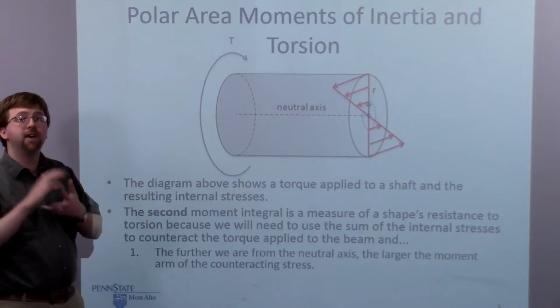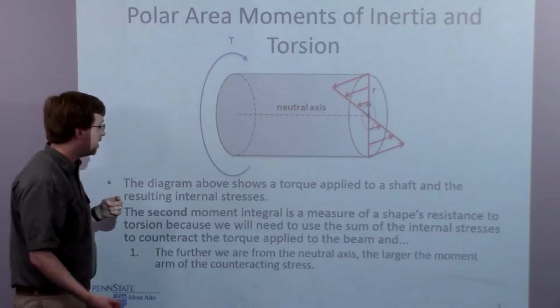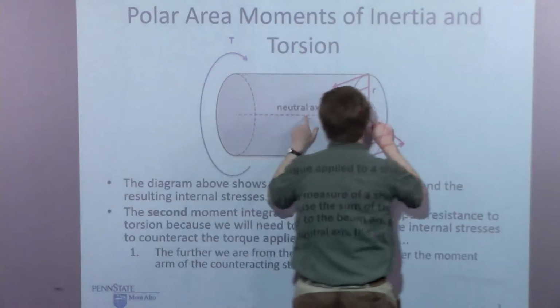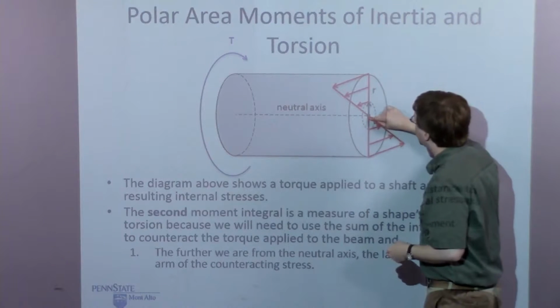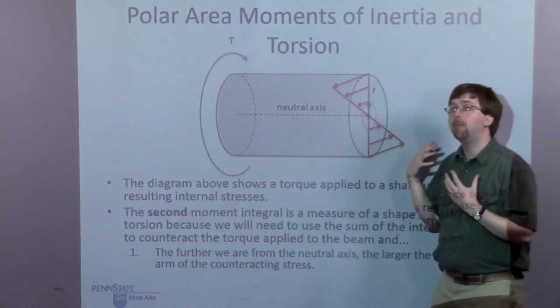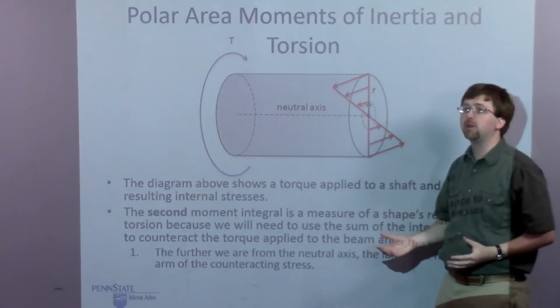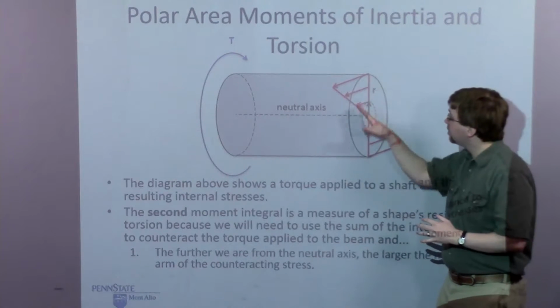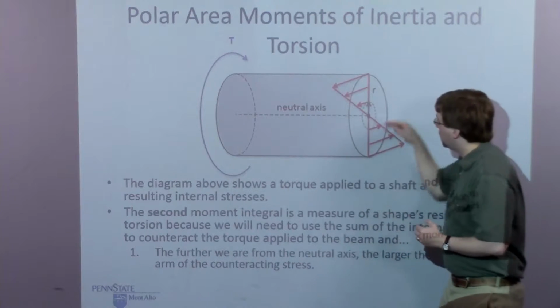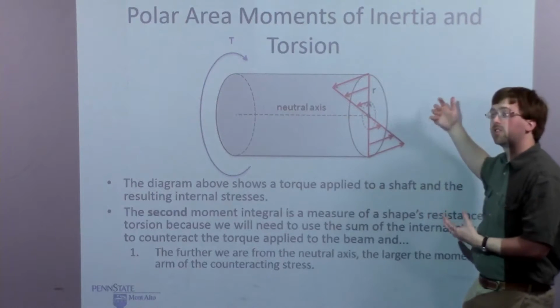This goes up by a factor of 2 because, number one, as we move out from the neutral axis where we have zero stress, we are summing up the moments that these internal stresses exert. And the moment is force times distance.